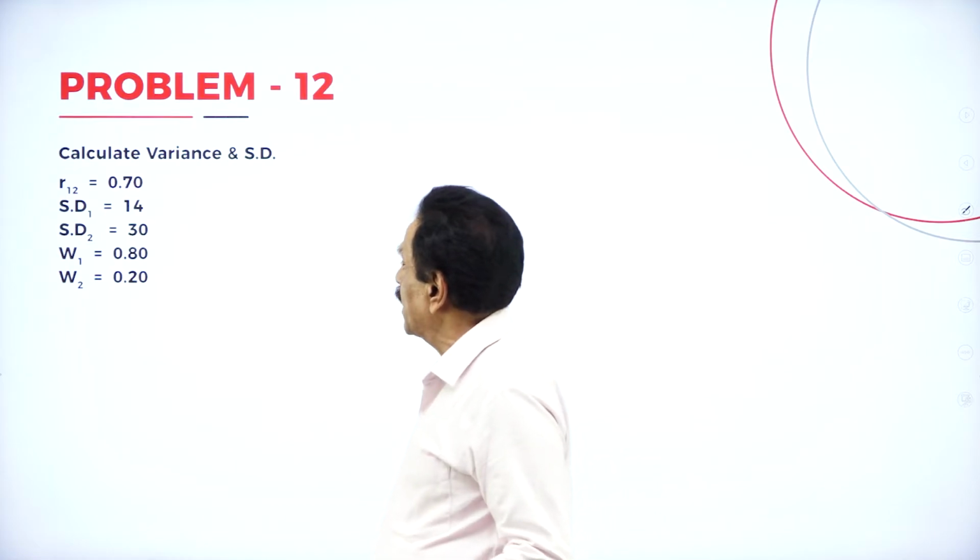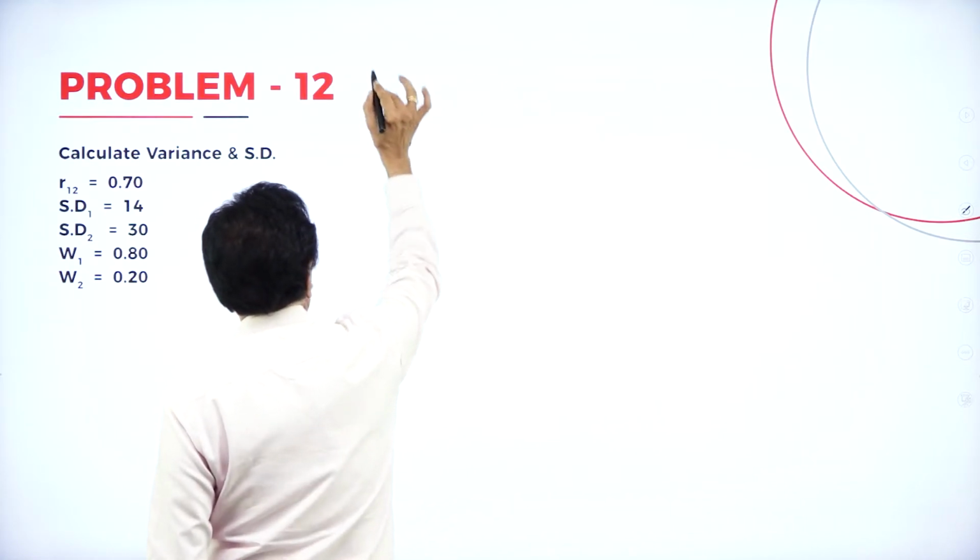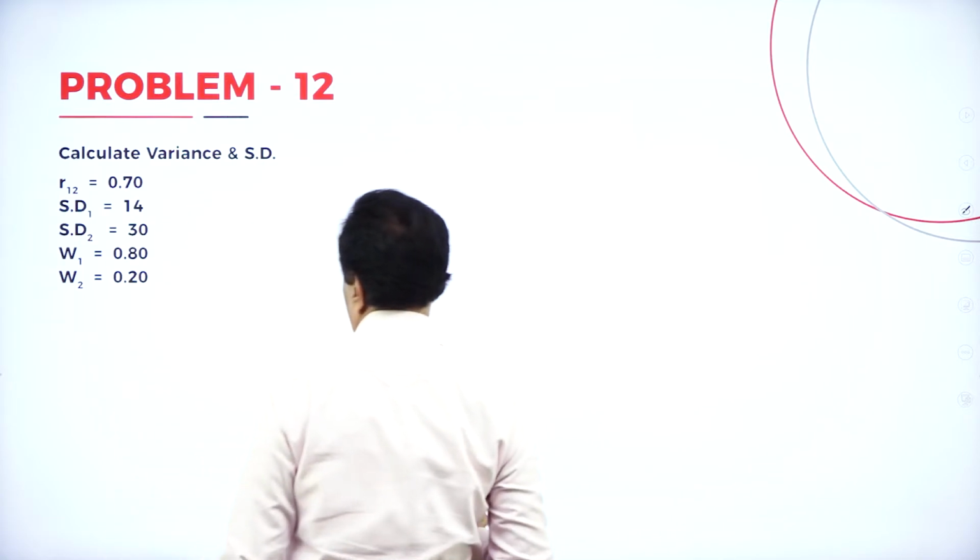Second one, calculate variance and standard deviation. Same formula. Variance is equal to this, root of this.